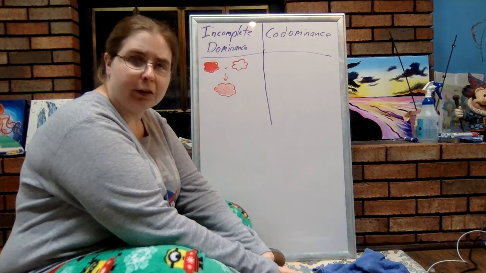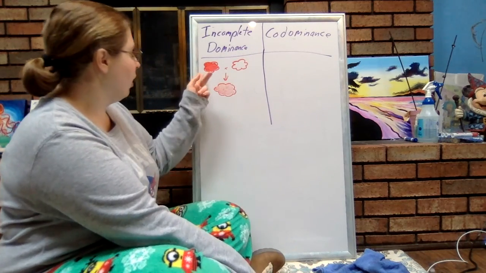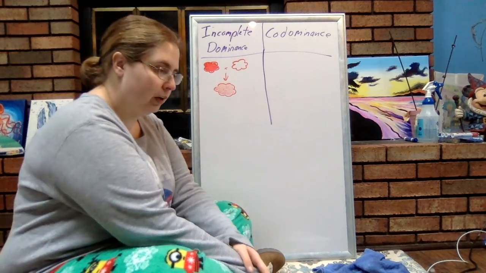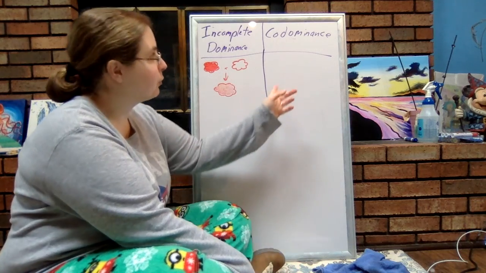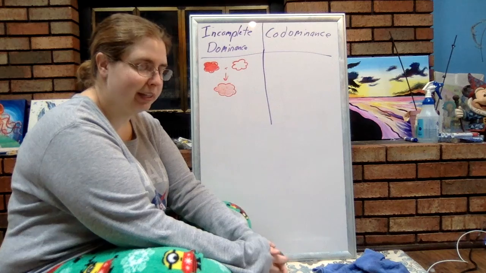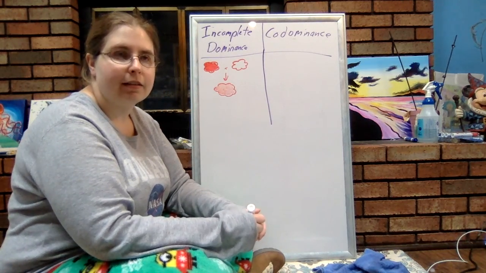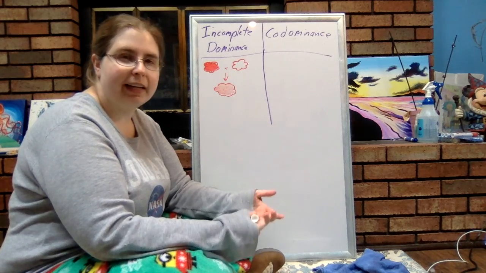Now, I've seen the alleles for these written different ways. I've seen them where they use two different letters, so maybe R for the red allele and W for the white. I've also seen that used for codominance, and I think it works better for codominance. I'll talk about why when we get there. A lot of times I've also seen them written as a letter and letter prime.